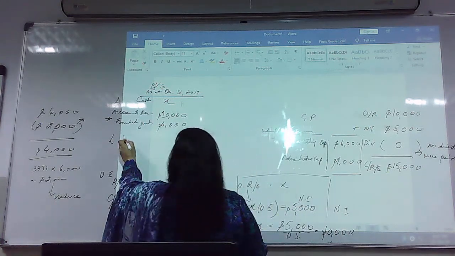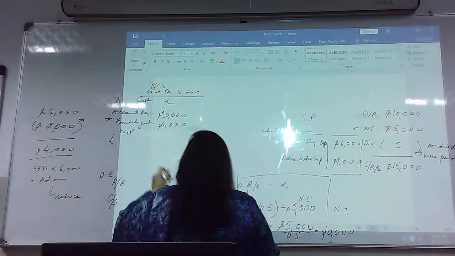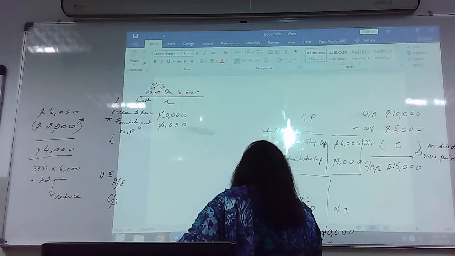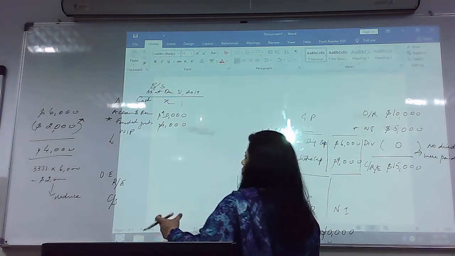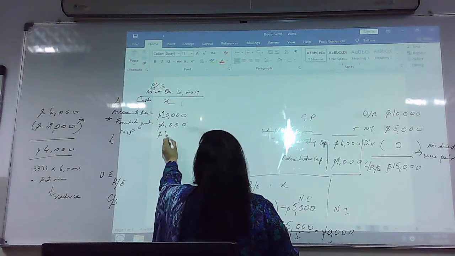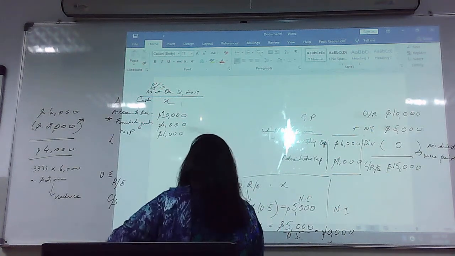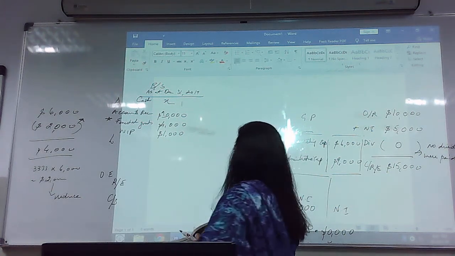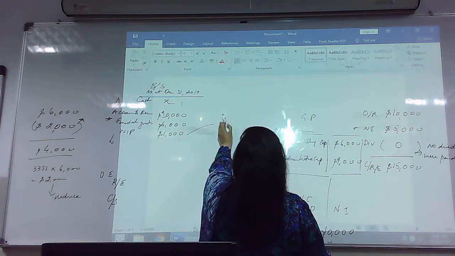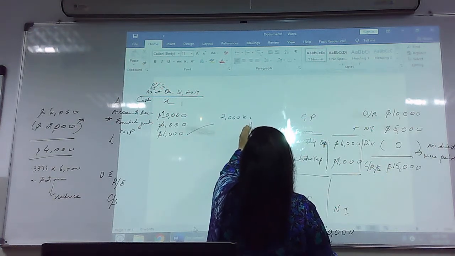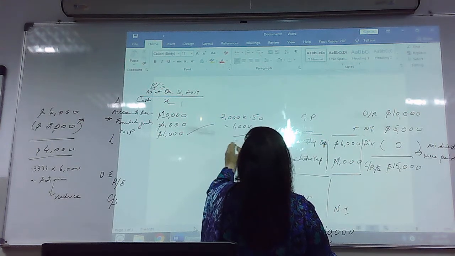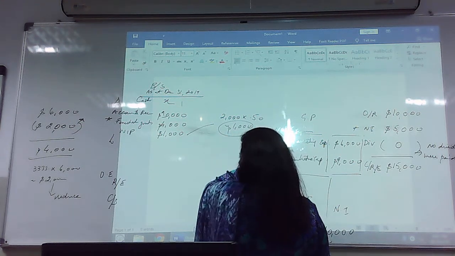So the work in process is reduced 50%, so it's $1,000, because the opening of 2,000 times 0.5 is $1,000, as per the condition given to us.